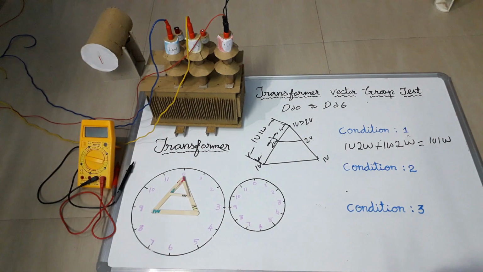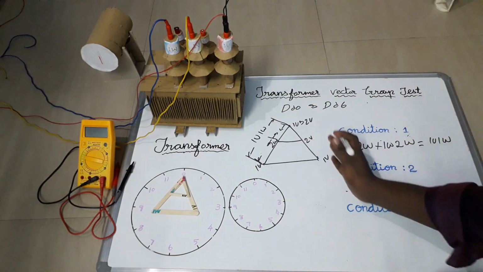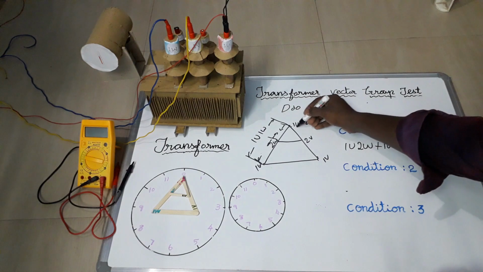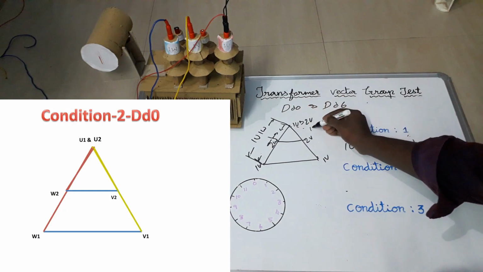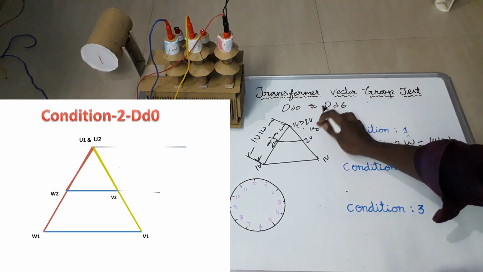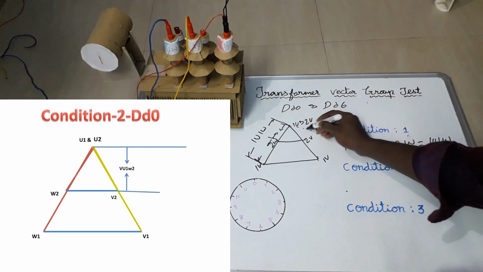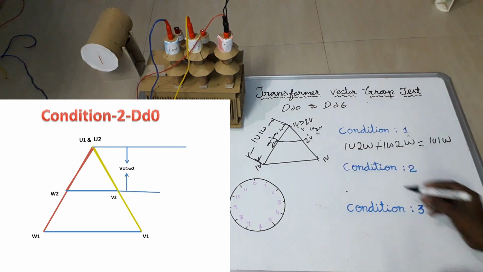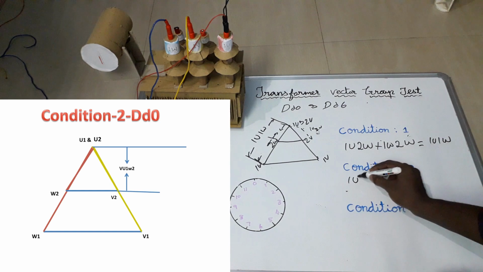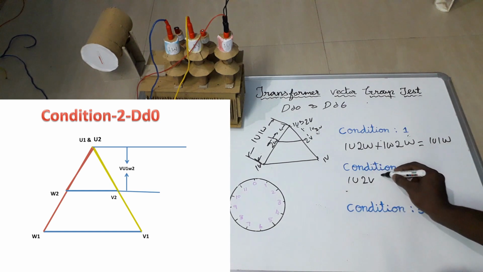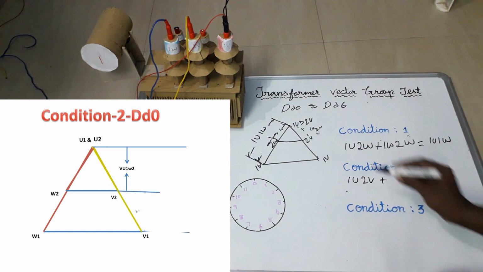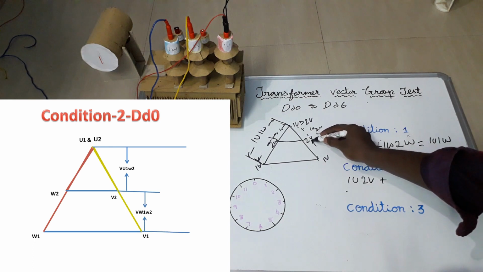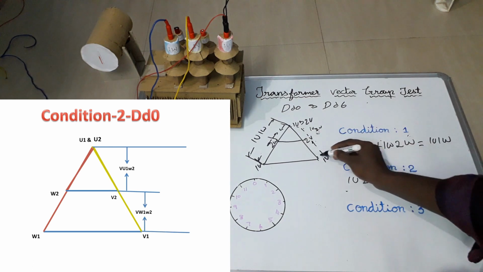For condition 2, we have to do same thing on other side. That is, we have to check 1U and 2V voltage. From here to here we have to check 1U and 2V, and we have to sum by here.